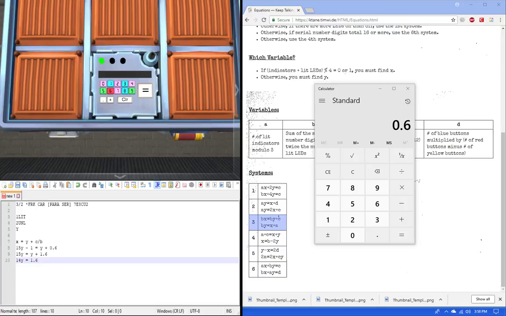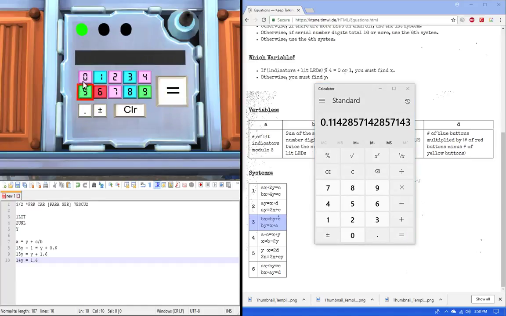Then we take 1.6 divided by 14. This gives us this insanely large number. So we input 0.114 as our answer. So we press equals.